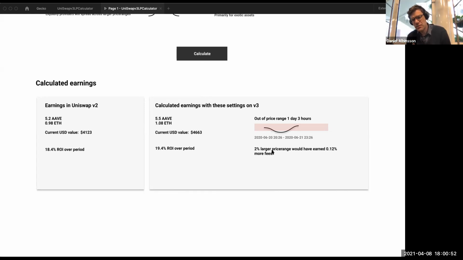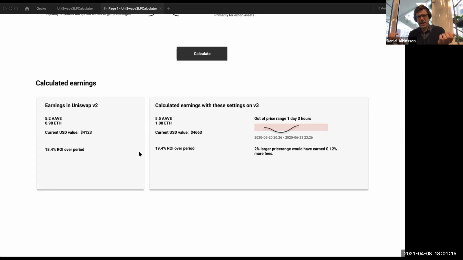And obviously you could do this incredibly sophisticated if that was valuable. And with a tool like this, it's difficult to know beforehand if it's actually valuable, because if I'm an LP provider, a liquidity provider, I want to hold both of them.